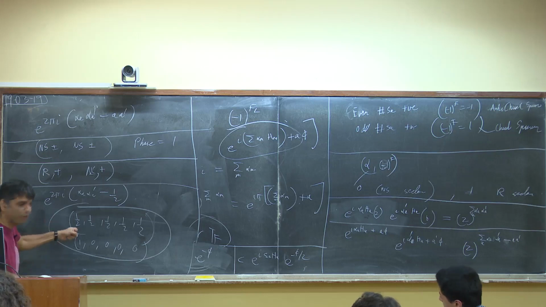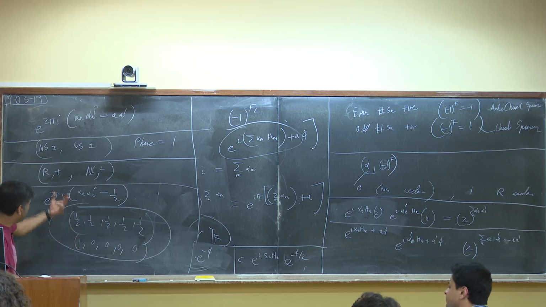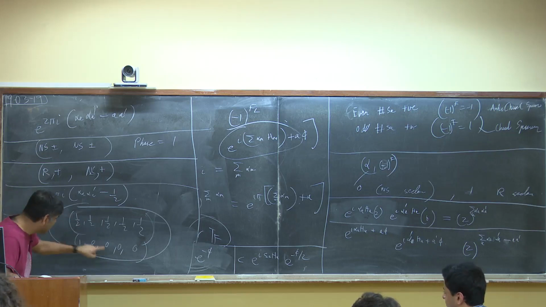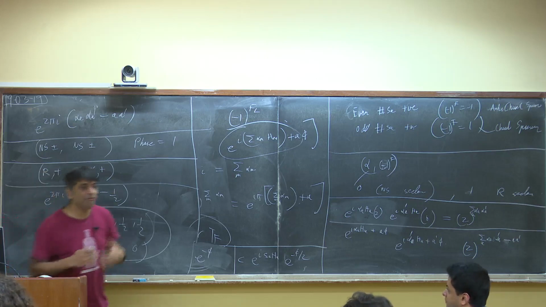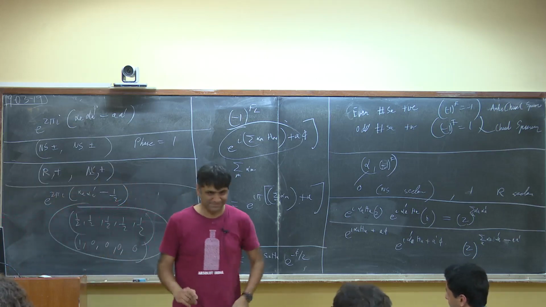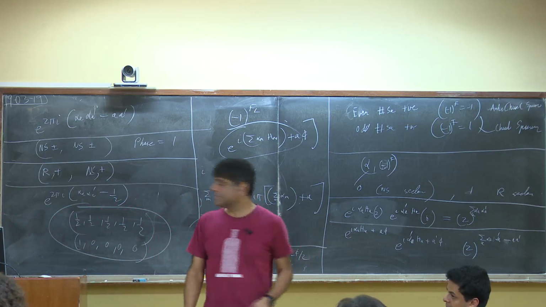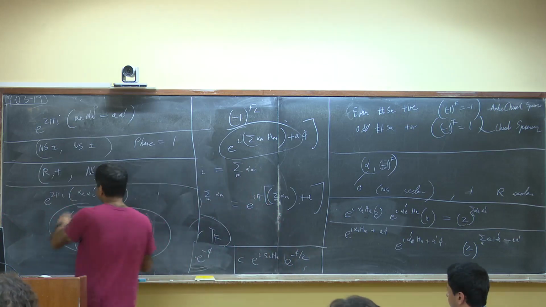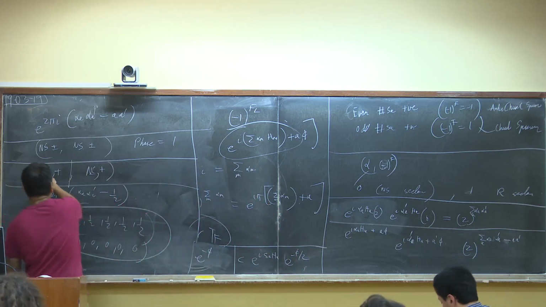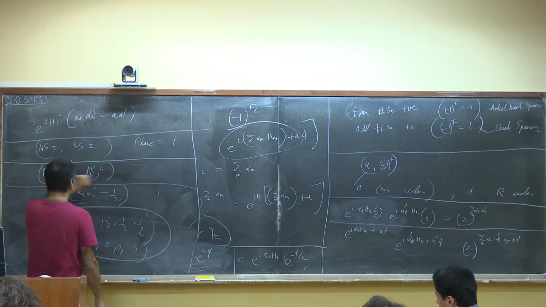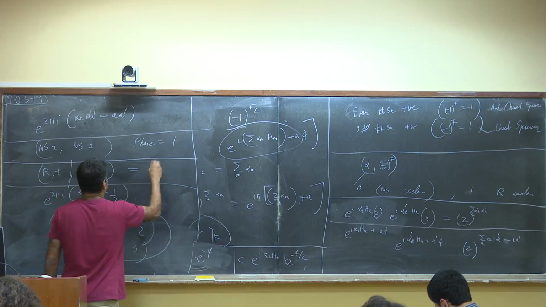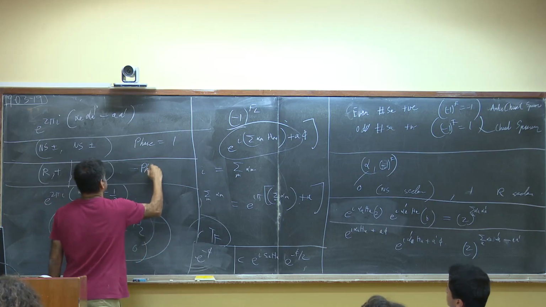And therefore, the changes in either this state or in this state don't affect it. This is only a property of which sector we are in. And so we've concluded that the phase between R plus and NS plus is plus 1.